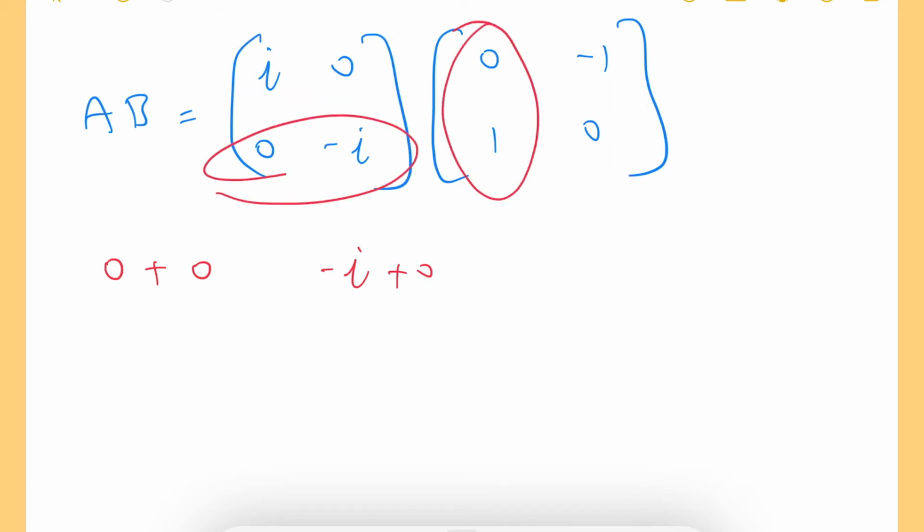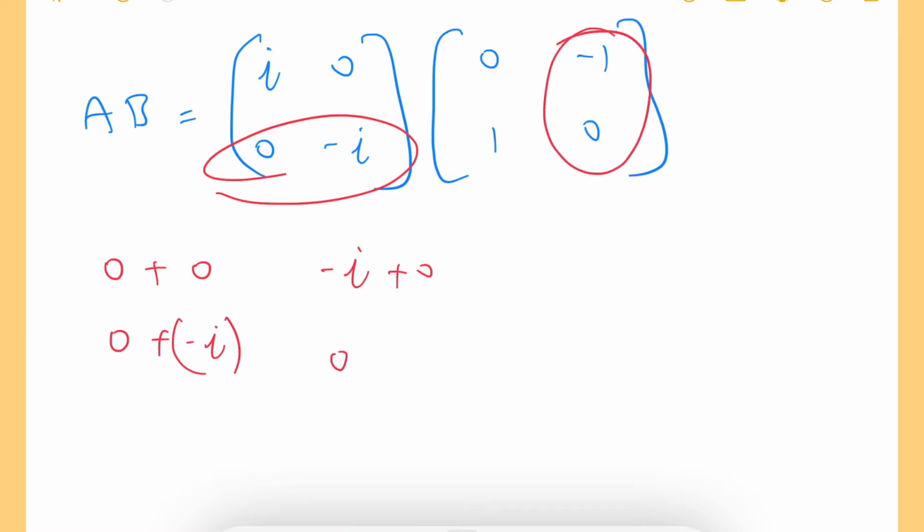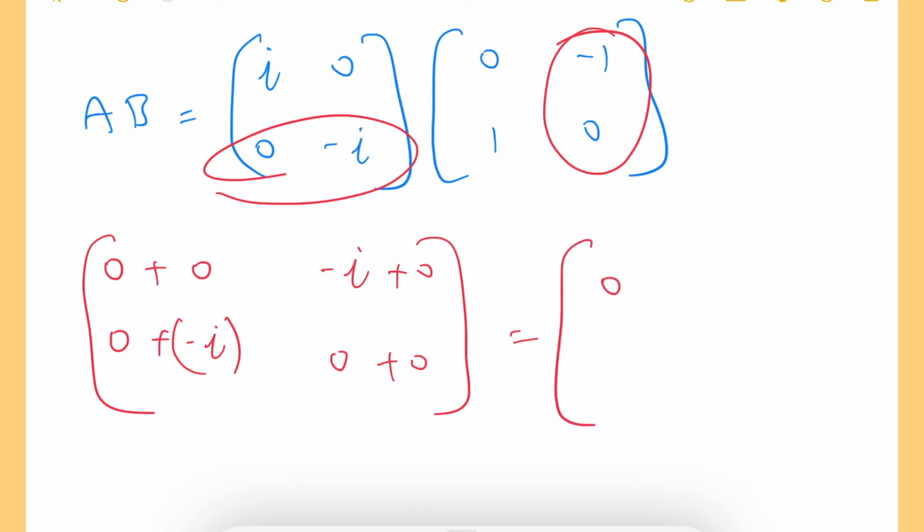Second row, first column: 0 into 0 is 0 plus minus i into 1, it is minus i. Next, second row, second column: 0 into minus 1 is 0, minus i into 0, obviously 0 again. So now we see 0 plus 0, 0, minus i plus 0, minus i, 0 plus of minus i, minus i, 0 plus 0, 0.